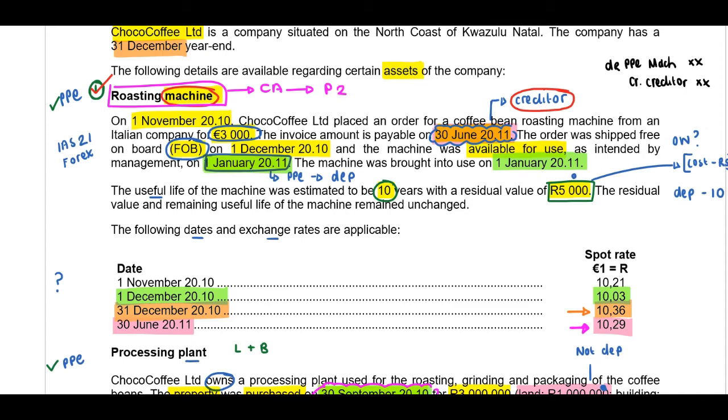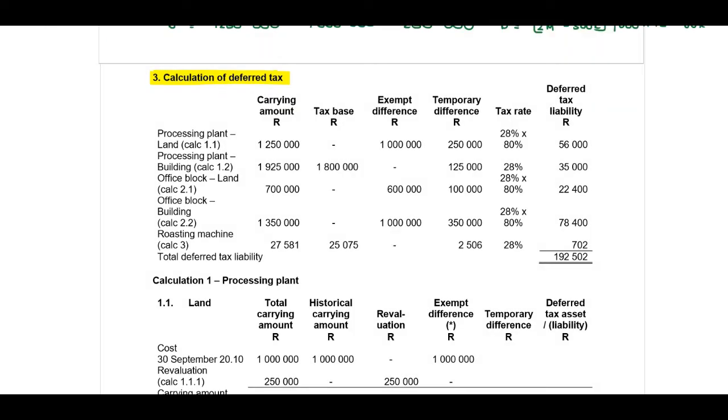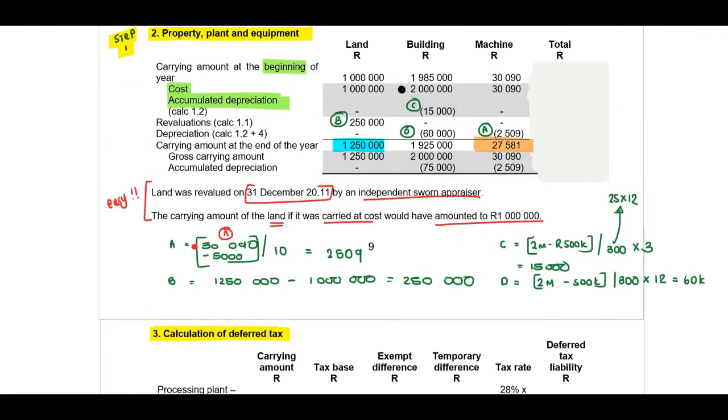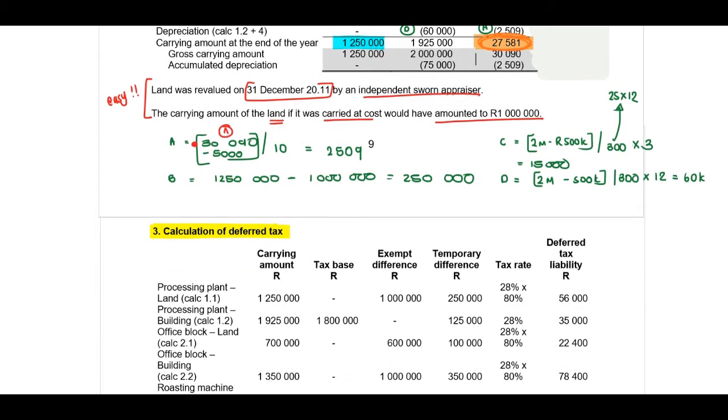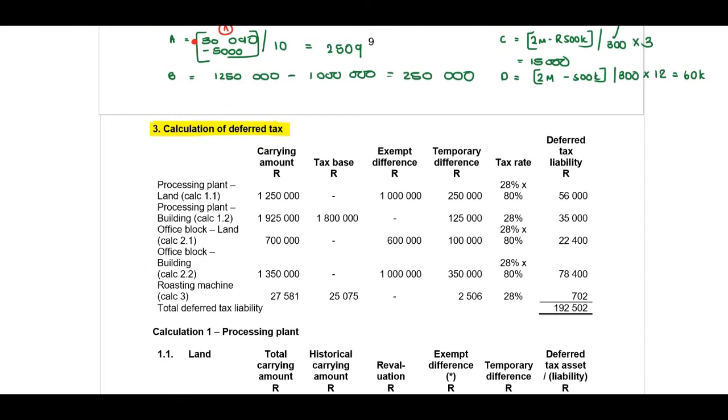Therefore, if we refer to our part 2, PPE note, you will be able to identify that the carrying amount of our machine is 27581. Let's immediately transfer this. If you look at the left side, roasting machine, we have our 27581. Pretty straightforward, right?